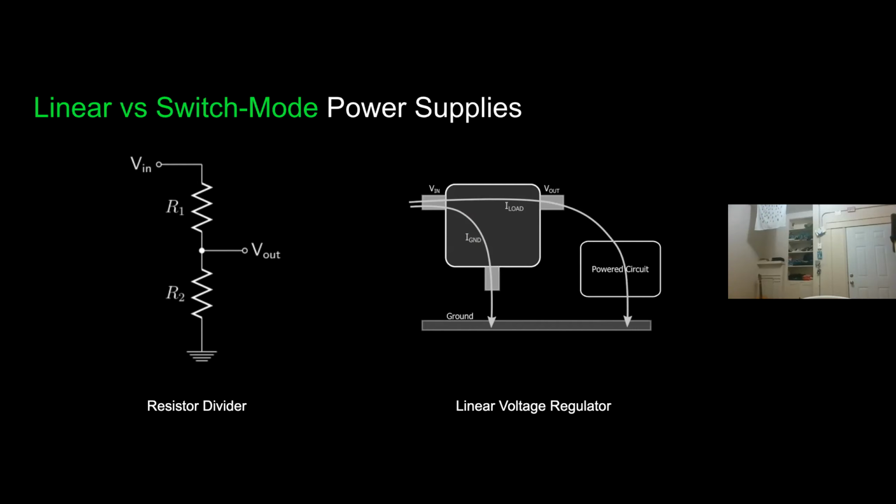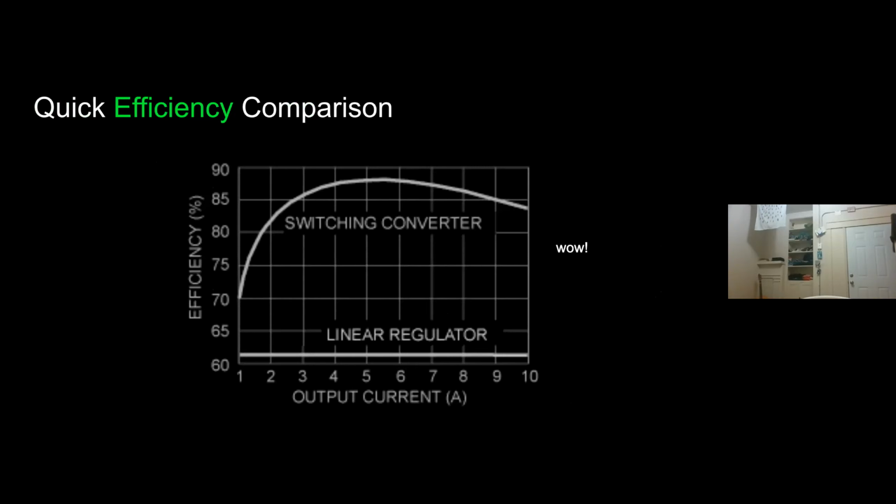Okay, cool. Why does that matter? Let's talk about efficiency real quick. And I'm just gonna show you this graph, and then we'll talk a lot more about efficiency later in the presentation, but I think this is important to get out of the way. A linear regulator has a linear efficiency curve, as its name would suggest. So if we're dissipating 40% of our energy, we get an efficiency around 60%. And that's kind of what we have illustrated here.